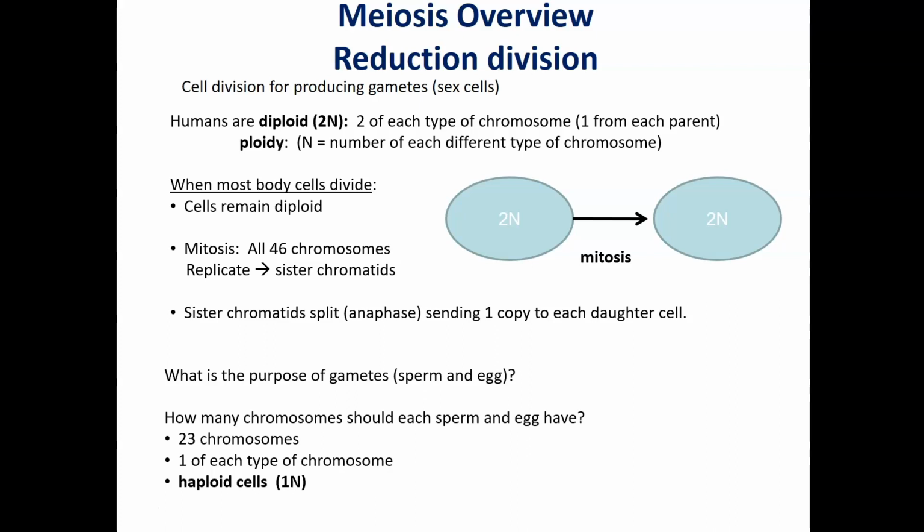So in the process of developing mature egg and mature sperm, we're actually going to halve the number of our chromosomes so that we end up with a fully mature sperm or egg that has 1N, such that when the egg and sperm come together and we have the fertilized egg, it's now 2N. So again, the result of meiosis is we're going to go from a cell that has 2N to a cell that has 1N.